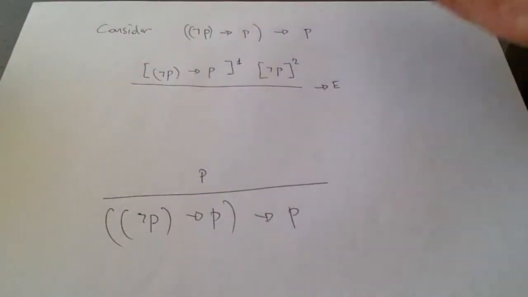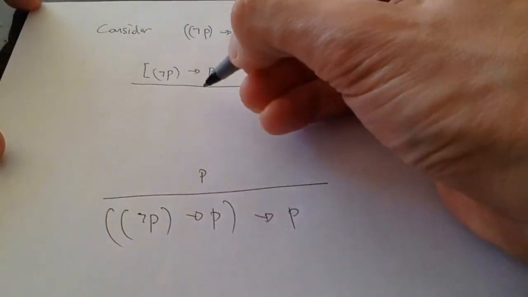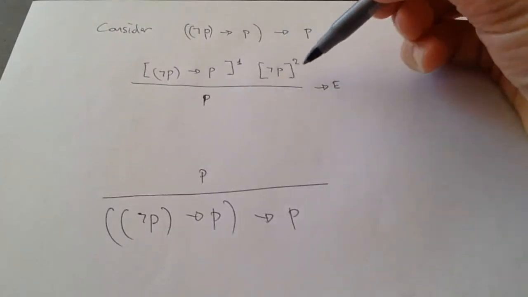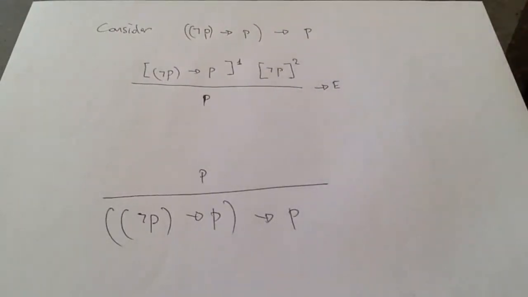So I have not P implies P and I have not P. This immediately gives me P. Now, there is a problem here, which is I'm not done yet, because I would have this assumption here, not P, which I just kind of made up, and there is no way I could cancel it. So I need some way to cancel it.